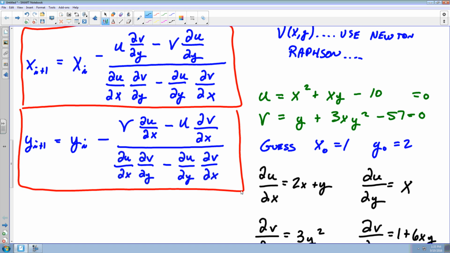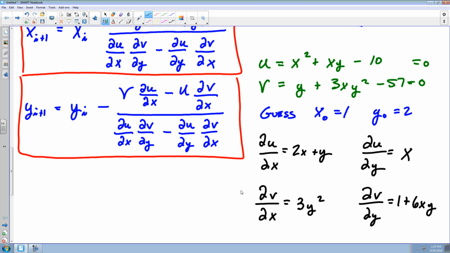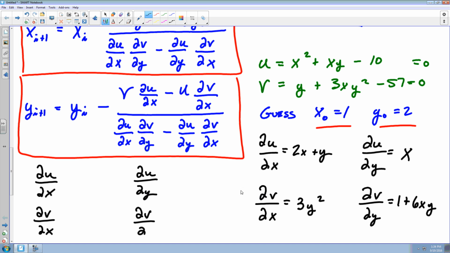Now the fun begins. Let's evaluate each one of those partial derivatives at our current initial guess. Okay? Let's do this. Let's evaluate now. I'm going to just go through these pretty quickly. I think you can do these. We can probably do them all in our head. Partial u with respect to x is 2x plus y.